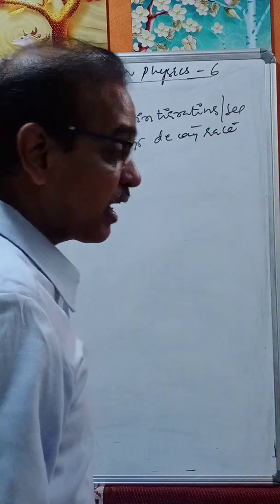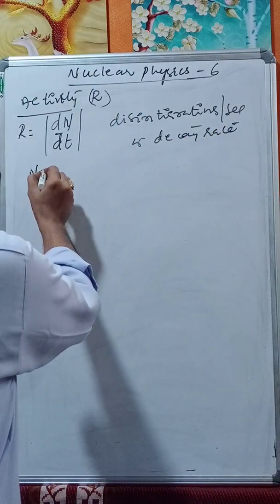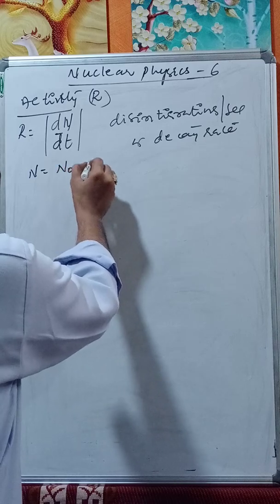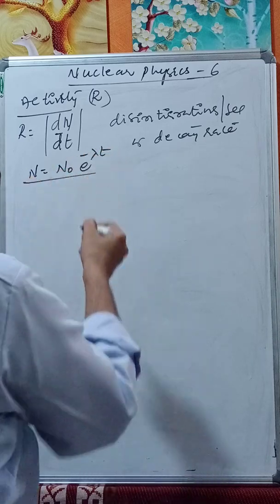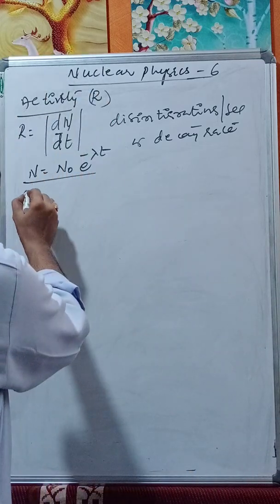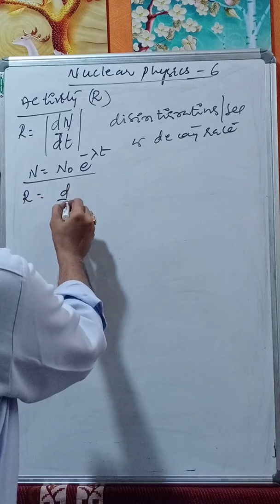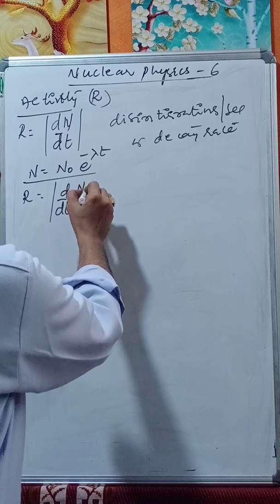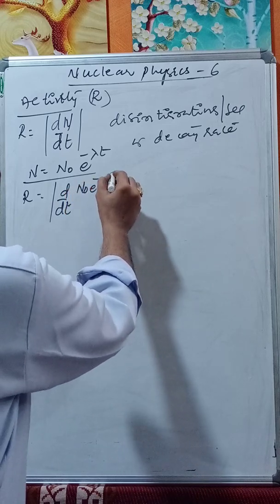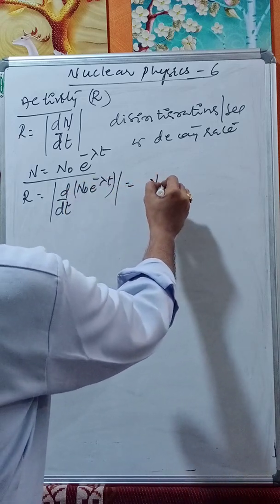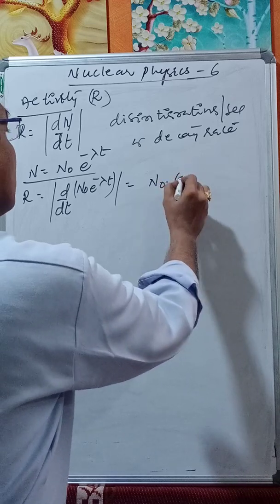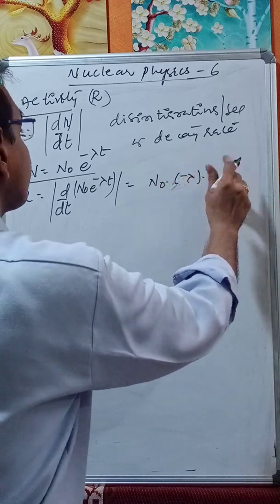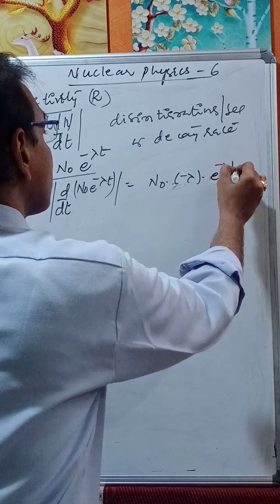Now, as we had just derived in class 5, N is equal to N naught e power minus lambda t. Therefore, R is equal to the magnitude of d by dt of N naught e power minus lambda t, that is equal to N naught into minus lambda into e power minus lambda t.